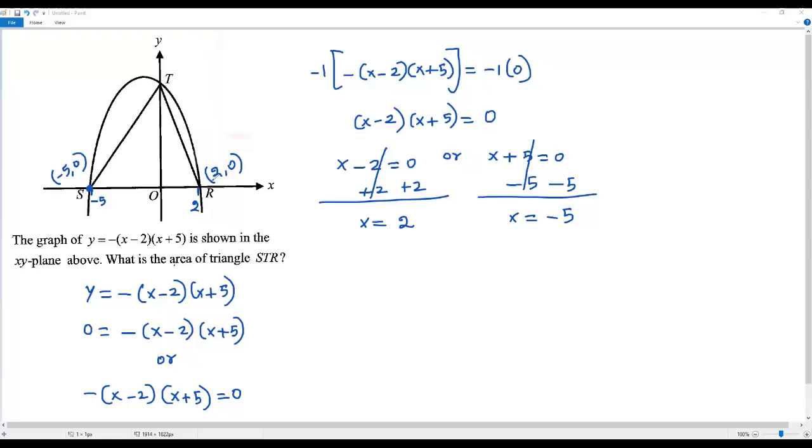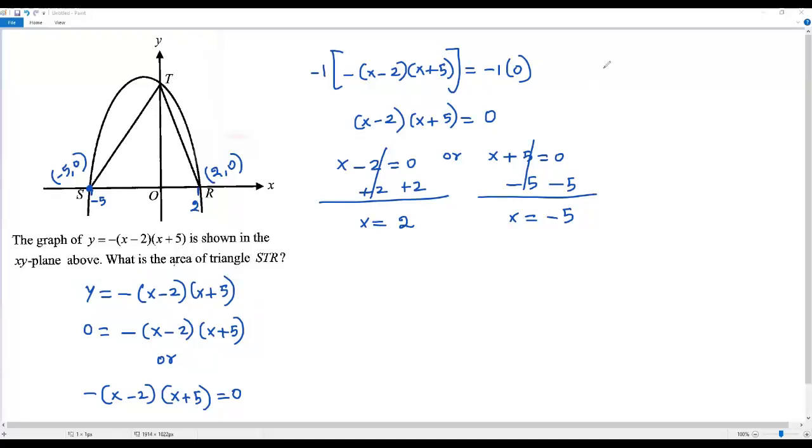Now we have to find the y-intercept. To find the y-intercept of the parabola, we have to plug in x equals 0 into the given quadratic function. For any function, if I want to find the y-intercept, I have to plug in x equals 0.